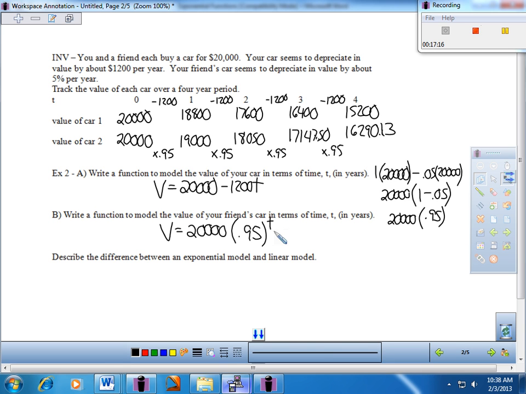Okay. I think, let's see, describe the difference between an exponential model and linear. Let's go linear model first. Excuse my shorthand. So a linear model, as you saw, and as you know, increases or decreases by a constant amount. That's the slope, that's the rate of change. It's going up or down by the exact same value.